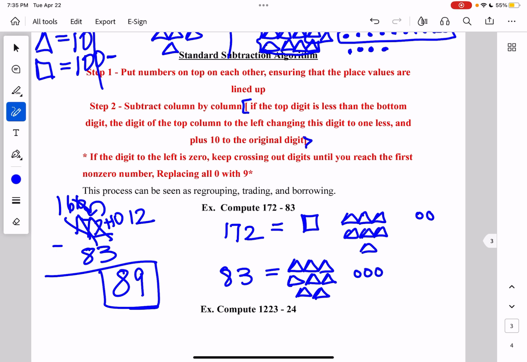So we are subtracting 83 from 172 using our shapes.